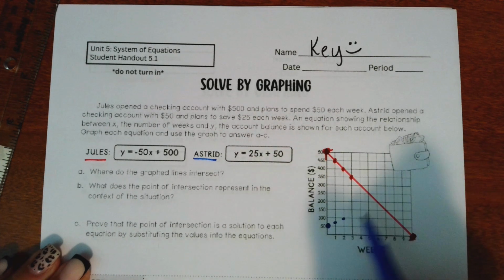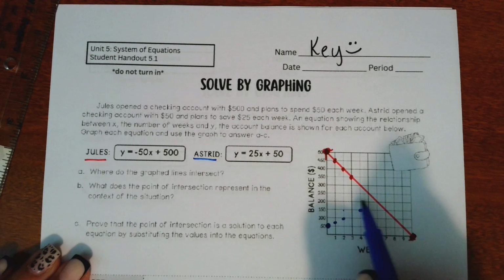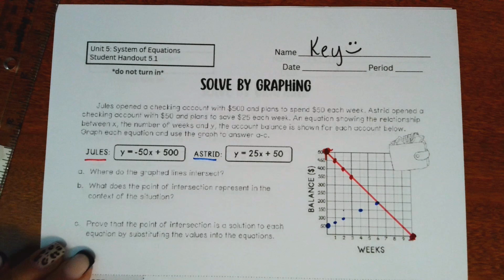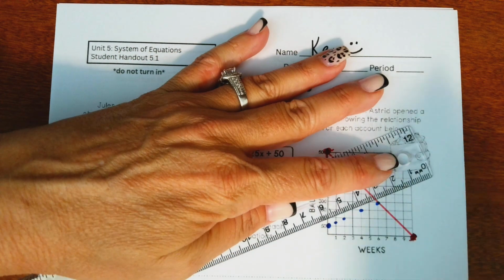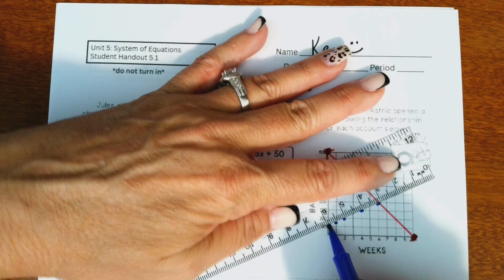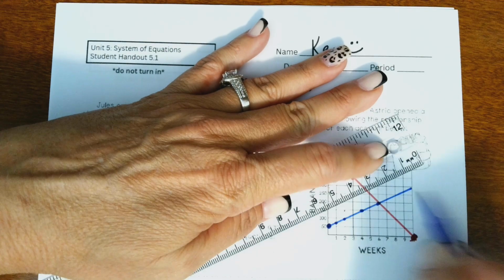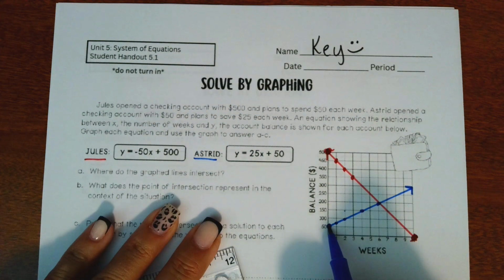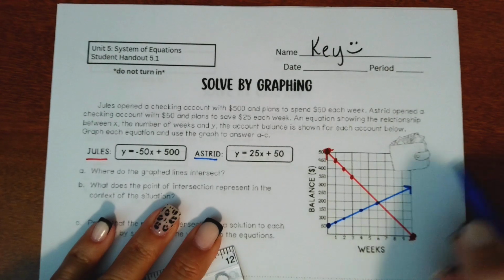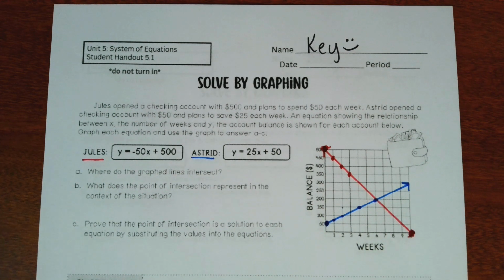Or you can double that and say he gets $50 every 2 weeks. Okay, that's your preference and how you want to plot that. So we are going to draw our linear function here. Now Astrid's, if he continues with that pattern, it begins with $50, but his will continue to rise unless he stops saving the money. So let's go answer the questions.